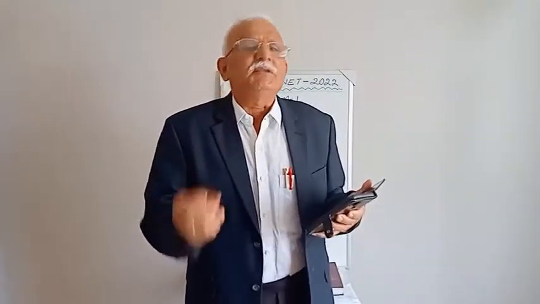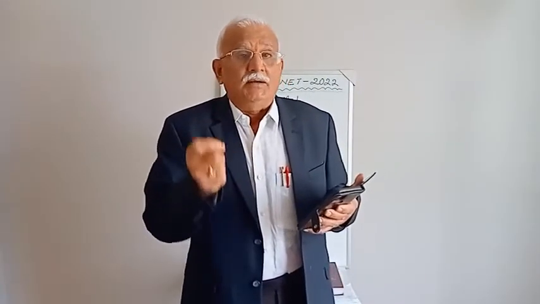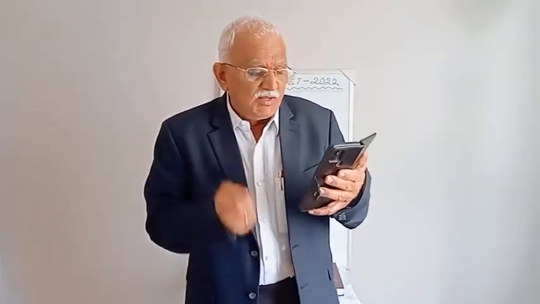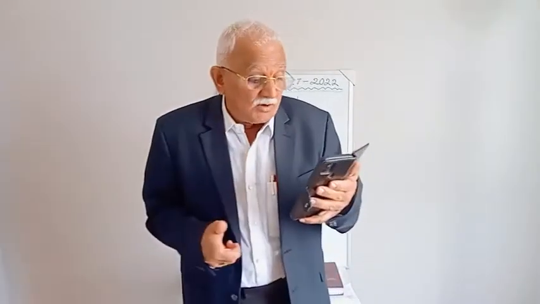Now let us go to boron. Boron imparts drought tolerance in crops. What is drought? Drought is defined as a situation in which crops fail to mature because of insufficient soil moisture. So, under such situations, boron imparts drought tolerance in crops.